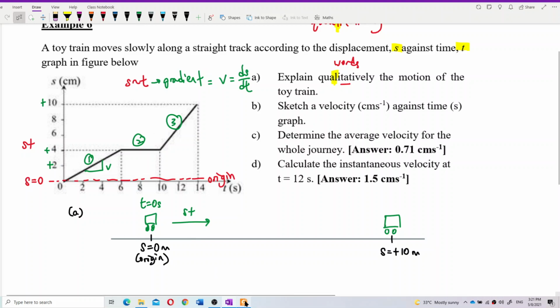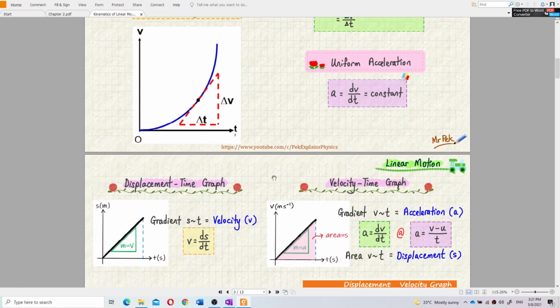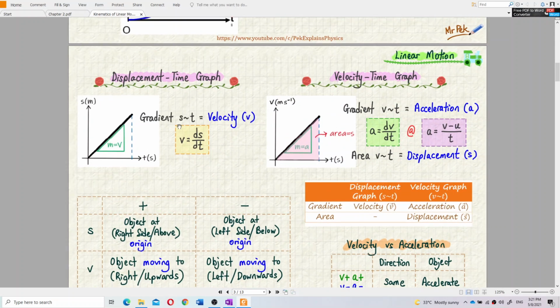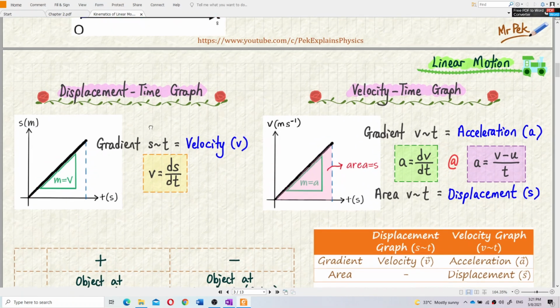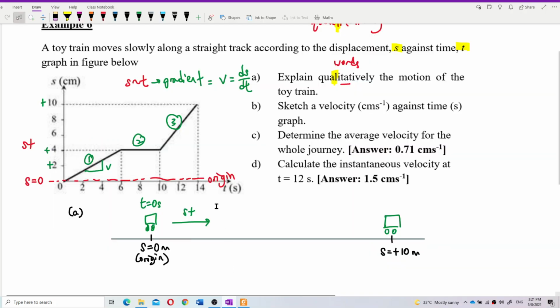Still remember my notes here? For displacement time graph, the gradient of the displacement time graph is velocity. So v is ds over dt. Back to our question.